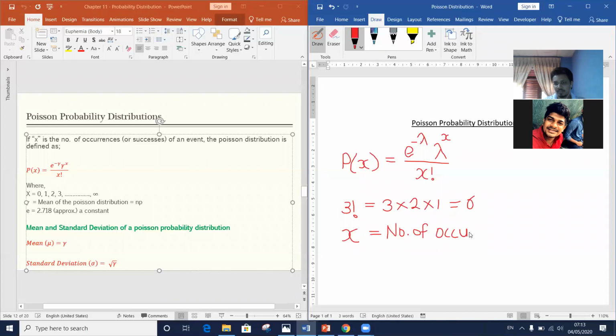Occurrences. This is the symbol, and this symbol we call lambda, right? Lambda.